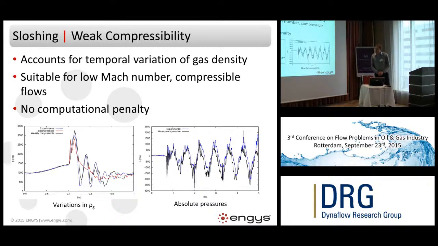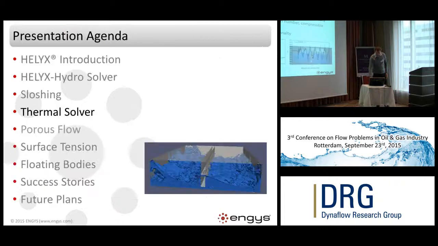The graph on the left just shows the difference between an oscillating gas pocket if one uses purely incompressible versus the compressible code. The nice thing about this is that you end up with a faster solution time simply because you're basically softening up the numerics a bit.